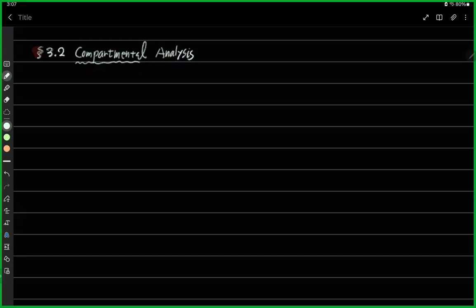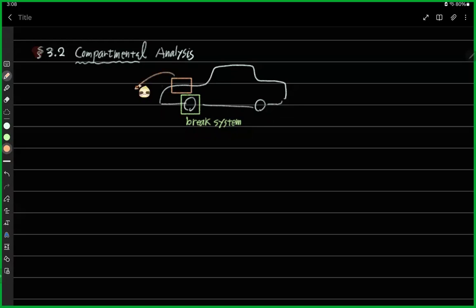So for example, when you think about the car, here's this car right here. And then there is a brake system right here. And here's actually the dynamic system, the engine part.